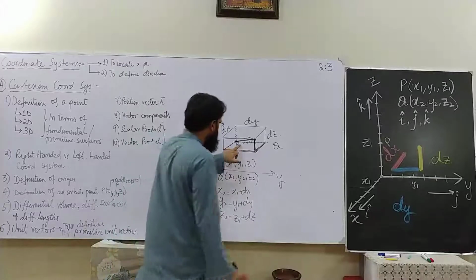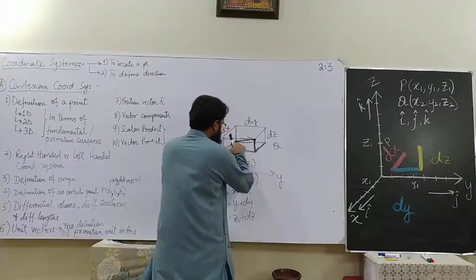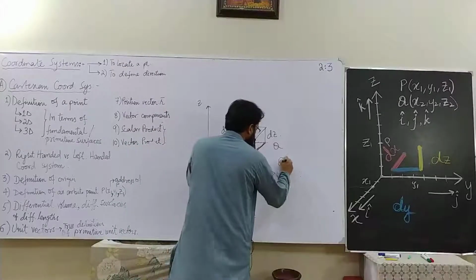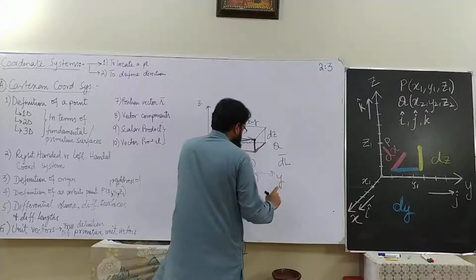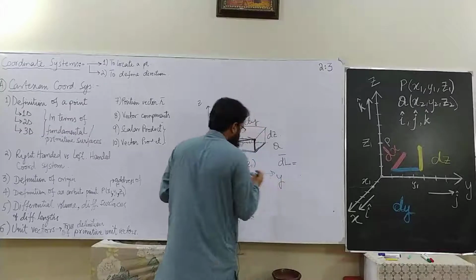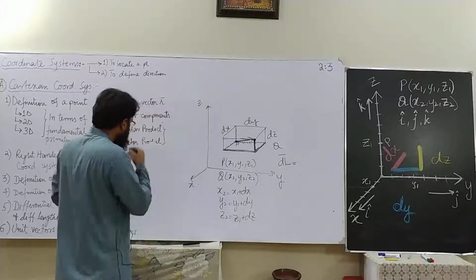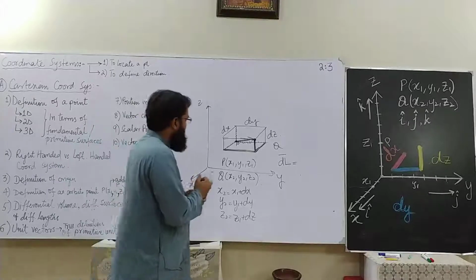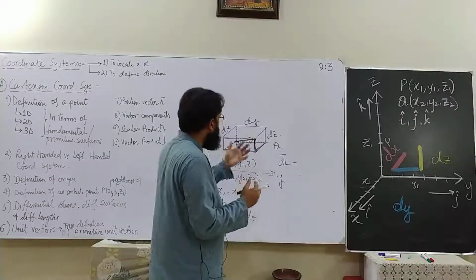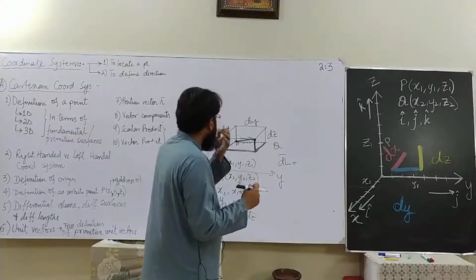We want the vector that starts from P and terminates at Q, and we call that a differential length vector, and we call that vector dl. I would like you to pause here and we'll come back to this later on.